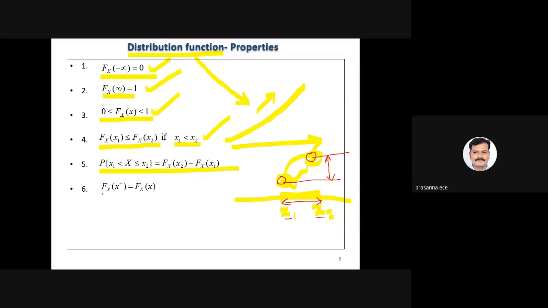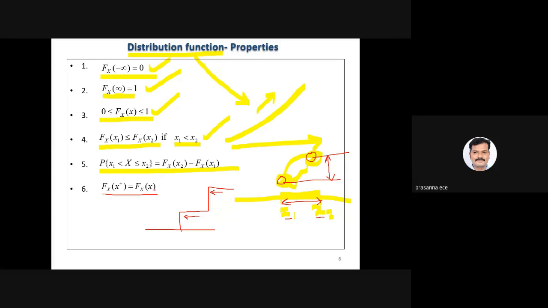And then the final property says that the distribution function is continuous from the right side. Sometimes you can have a staircase like this. What it says is the function is continuous from the right side. So if you are observing points close to the staircase nearby here, you will have the same value. At any discontinuity, it is continuous from the right side. So Fx of x plus is equal to Fx of x.